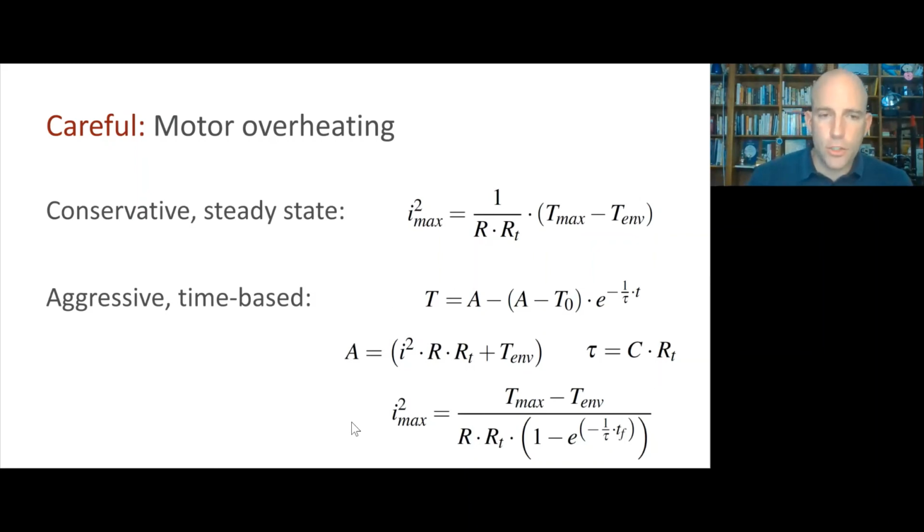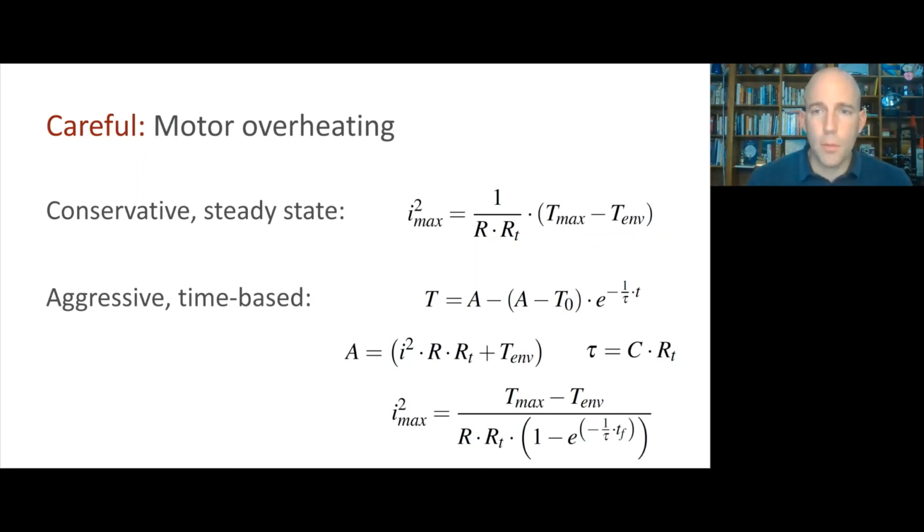And if we rearrange these terms and solve, we'll find that there's some allowable current over some time, starting from some initial condition. And so if you want to be aggressive and you know you're only going to run the motor for a brief period of time, this value of the allowable current will be a lot higher.